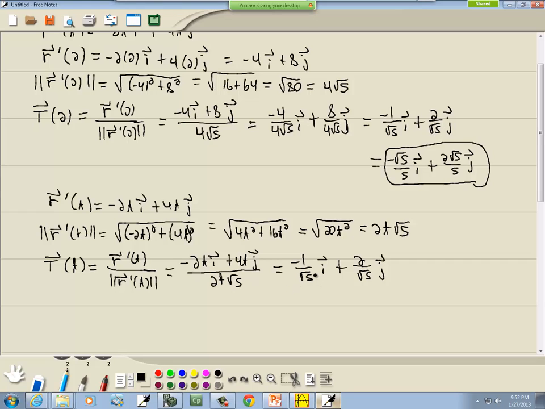The problem with this is there's no variables left. So when I go and take my derivative of that, what we're going to find is that this gives us a zero vector, which means for our normal vector, it doesn't exist. There is none. Now you can see that in the graph.